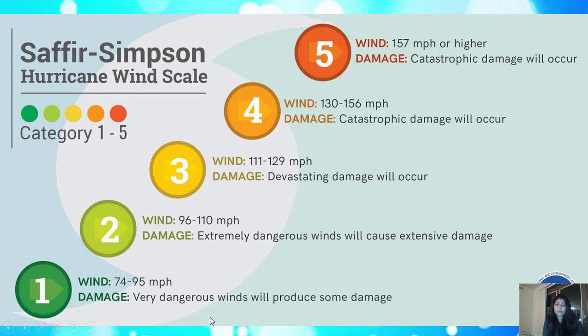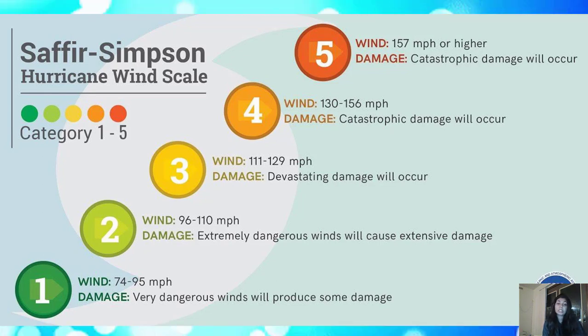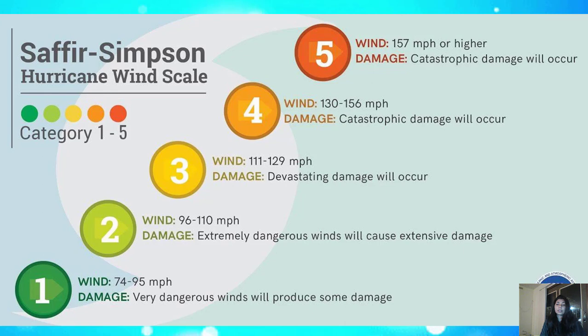It is likely to cause relatively less damage. Category 2 hurricanes have a wind speed of 96 to 110 miles per hour, and they will possibly cause extensive damage.